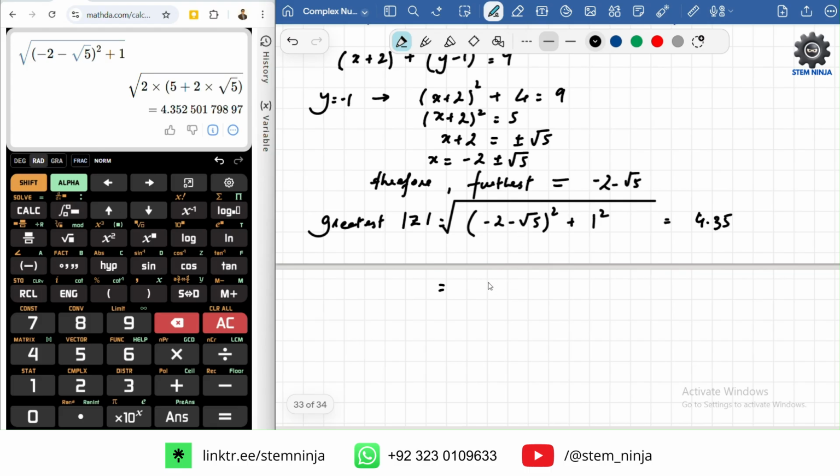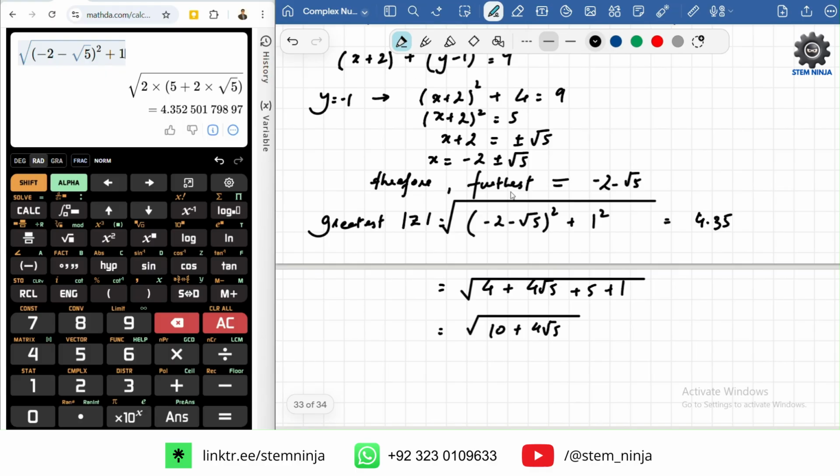If you do this in the exact form, this would be 4 plus 4 root 5 plus 5 plus 1. So you will get 10 plus 4 root 5, right? Okay.